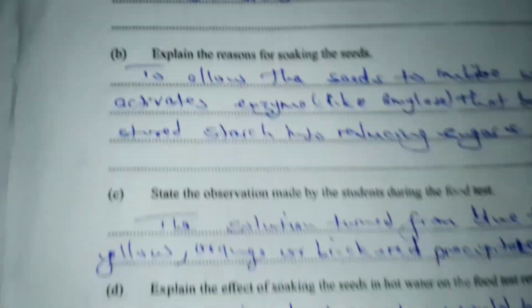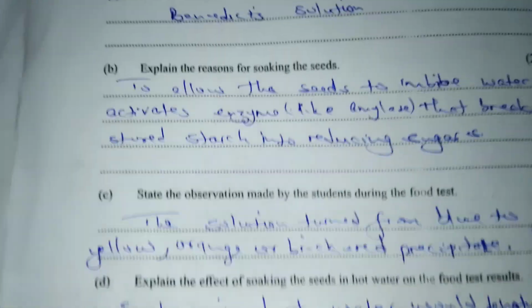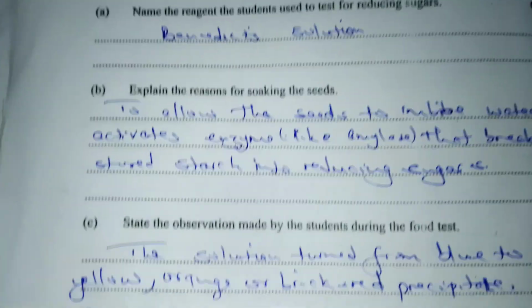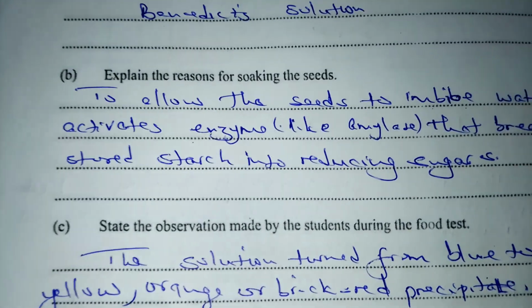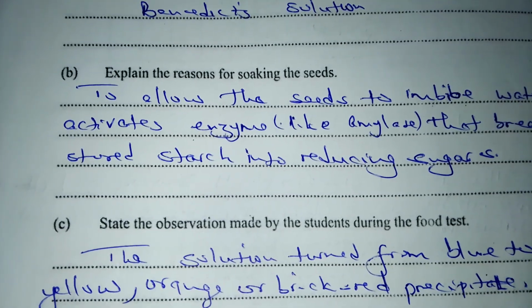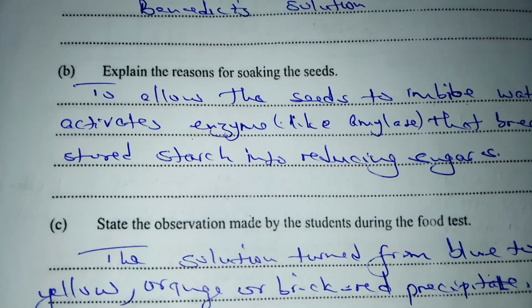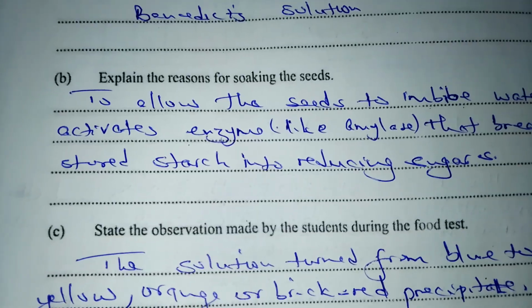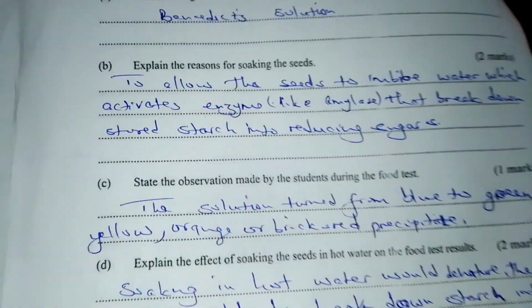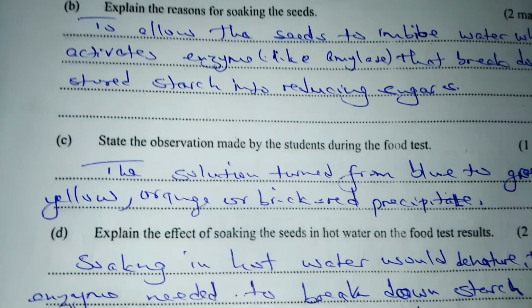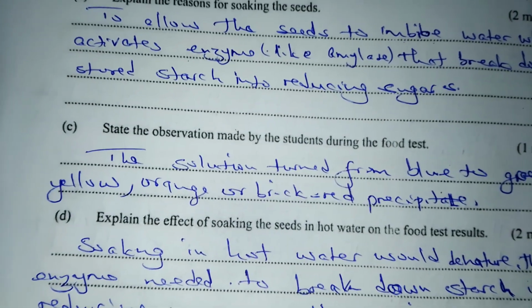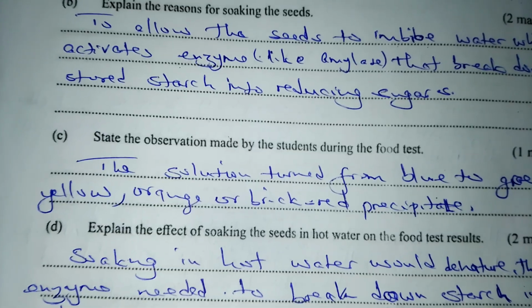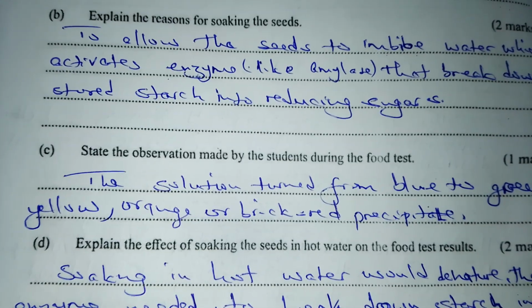So let us just go to another question here. C, number 3. State the observation made by the students during the food test. The solution turned from blue to green, yellow, orange, or brick red precipitate.